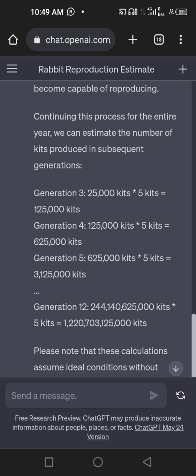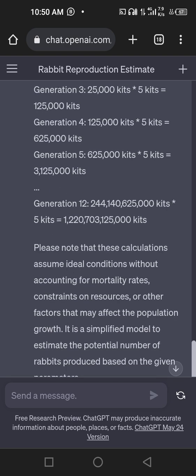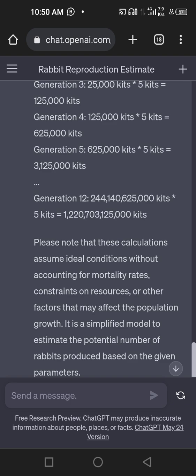Now, the fourth generation, where you now have the 125,000 kids, times 5 kids give you 625,000 kids. Amazing. Now, the fifth generation, where you have the 625,000 kids times 5 kids again, it gives you 3,125,000 kids. Amazing. Now, in generation, all the way to generation 12, well, that number is amazing.